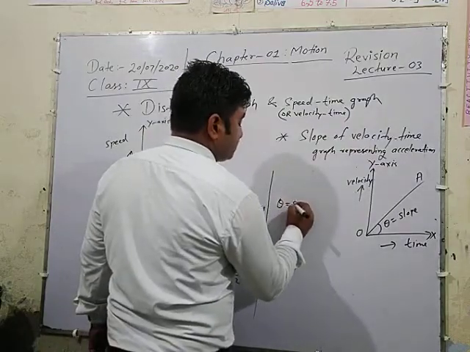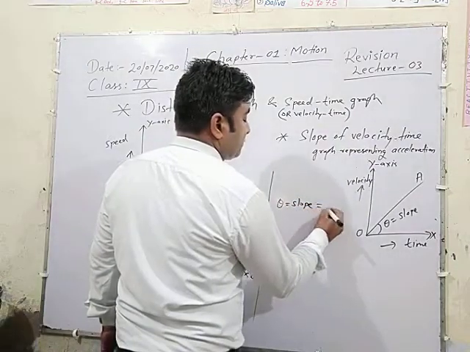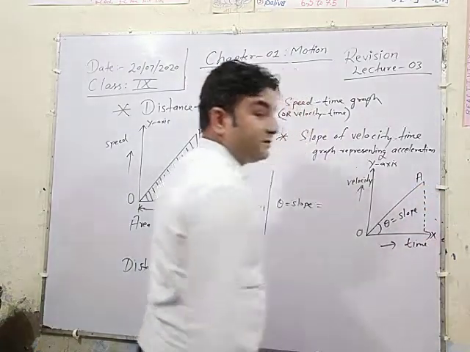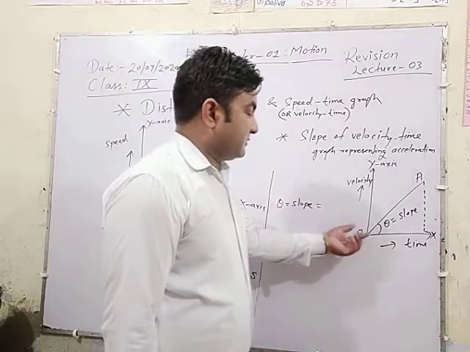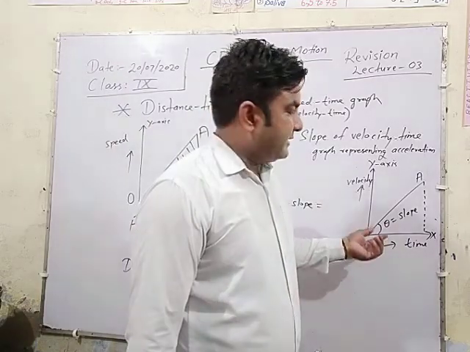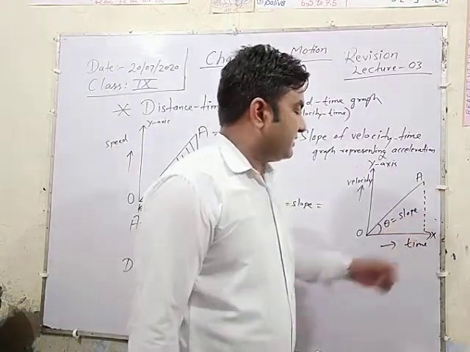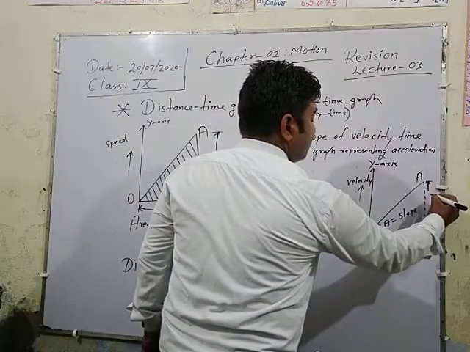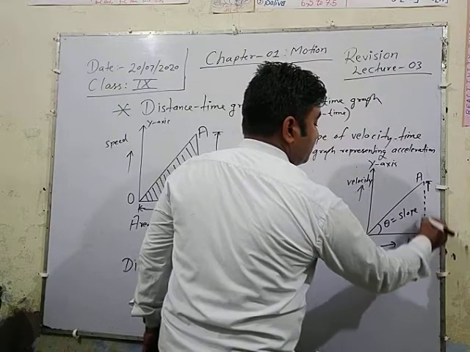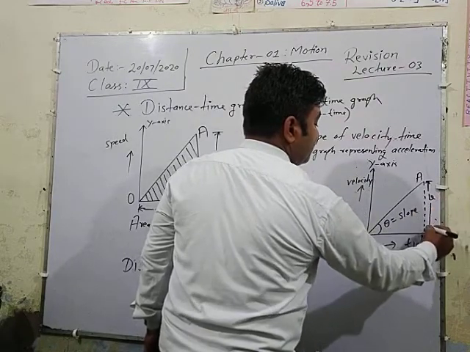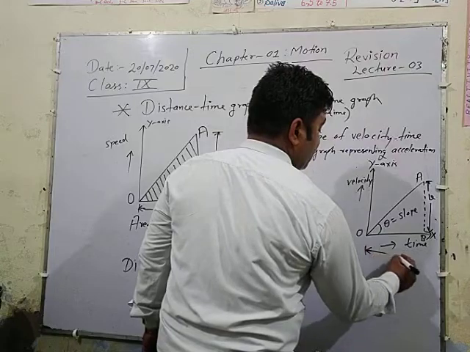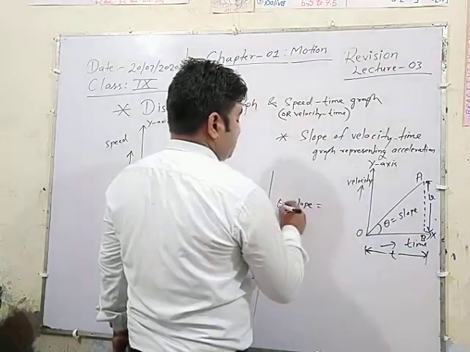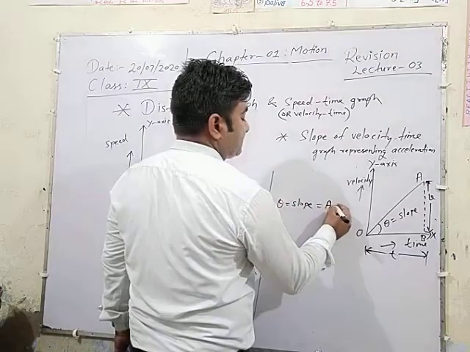is equal to, always remember, whenever a slope is given, slope means tan theta, and tan theta is equal to perpendicular upon base. Suppose the velocity from A to B is V, and the time from O to B is T. Then the slope is equal to what? Acceleration.